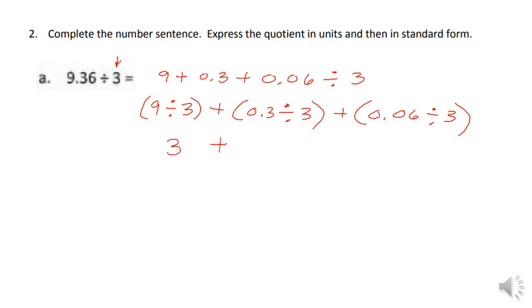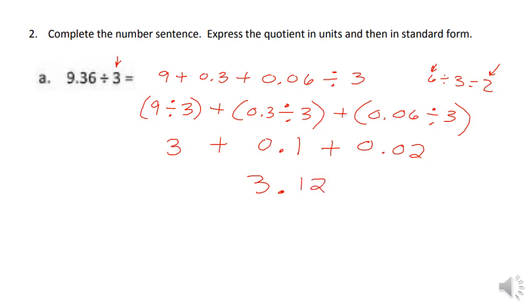Now 3 tenths divided by 3 is going to give me 1 tenth, because if I listen to the unit form, 3 tenths divided by 3 gives me 1 tenth. Now I write it as 1 tenth. 6 hundredths divided by 3: all I know is 6 divided by 3 equals 2. So 6 hundredths divided by 3 would give me 2 hundredths. And I'm going to write it as hundredths. When I add them all back together, I would have 3 and 12 hundredths.